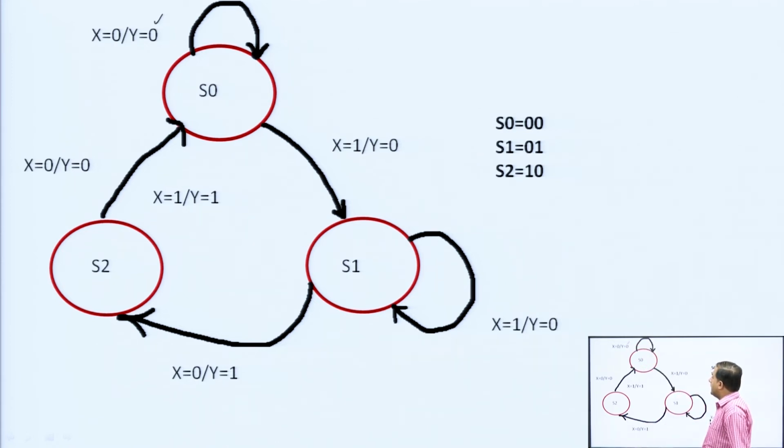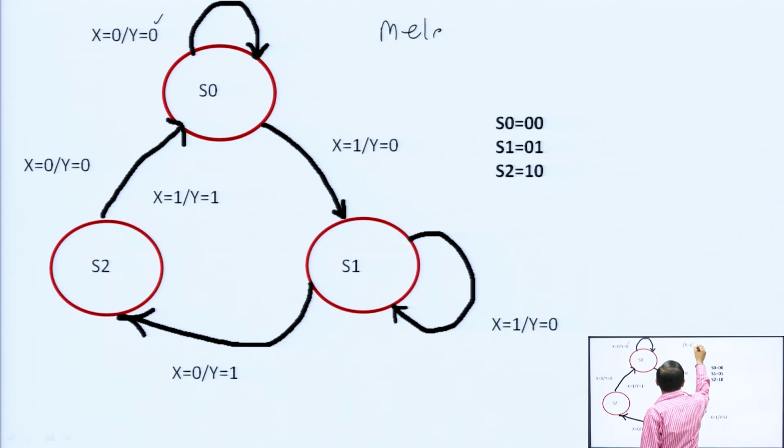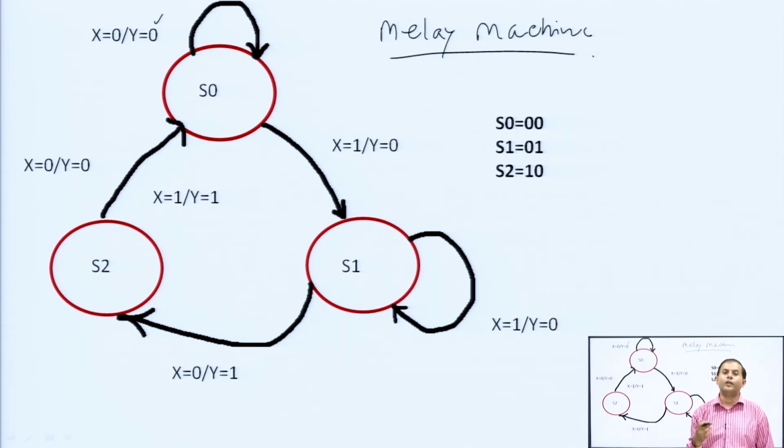So, the output depends not only on the present state, but also on the external inputs. So, this is the Mealy machine. I have already told you that from the state diagram itself you can understand whether we are going to make a circuit for a Mealy machine or for a Moore machine.